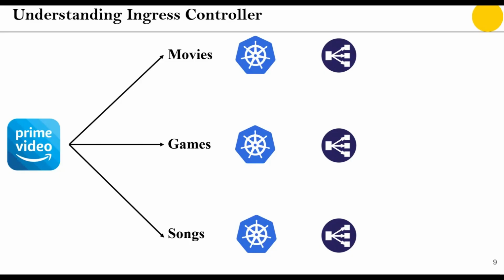Traditionally, you might have to expose each service using load balancer as a service type. But this creates some serious issues. Suppose, let's say, I want to access the movies related service. Then I have to take the load balancer URL of the movie service, and then I can access the application.